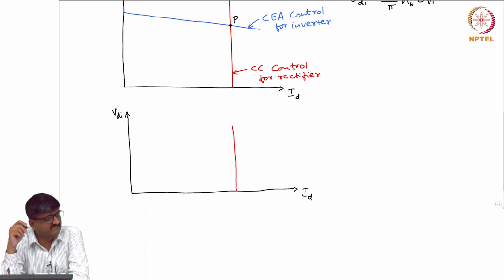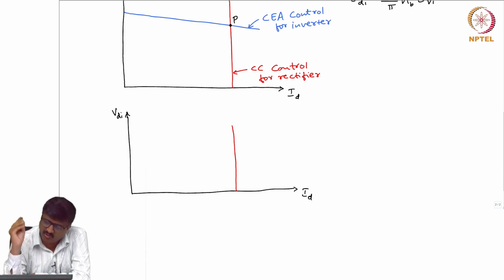Now, what is the highest value? Can it go infinitely? What is the maximum possible value of VDI along this straight line?